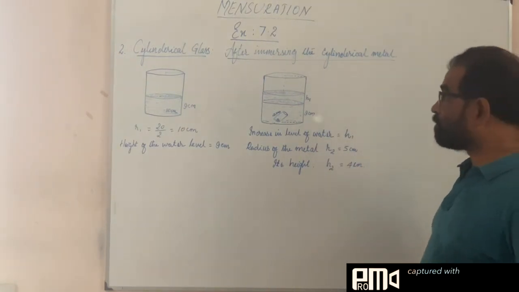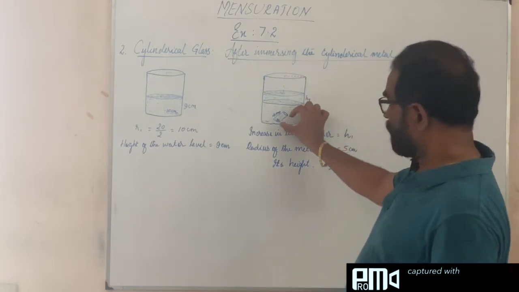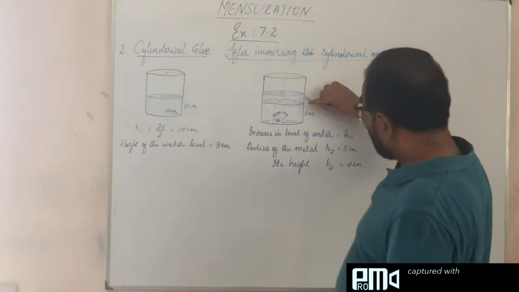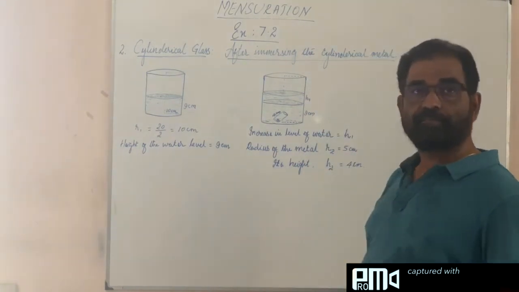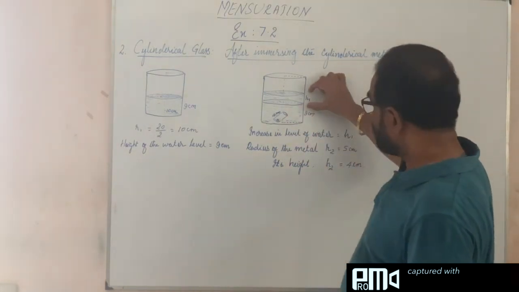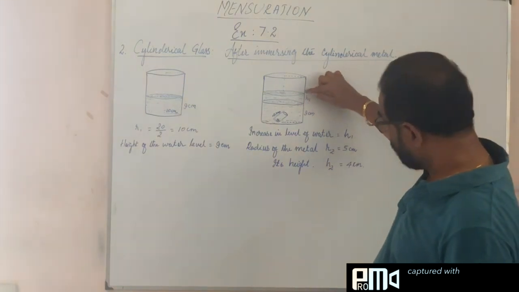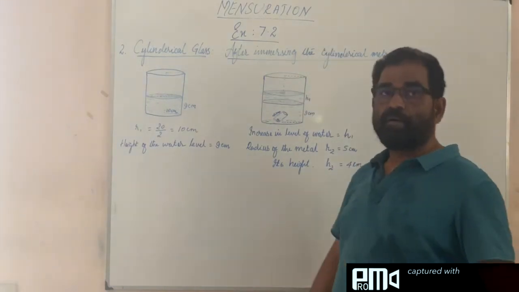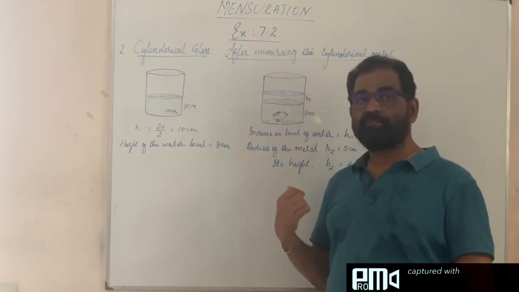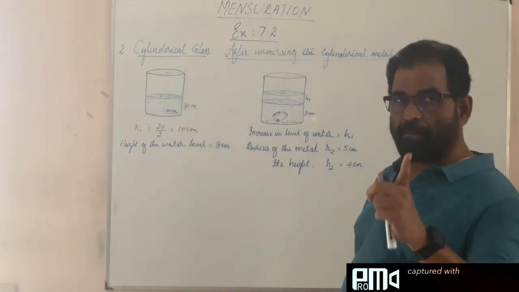Now, we can say that the volume of the metal immersed is the same as the volume of the water level increase. It also increases in the shape of a cylindrical form. For irregular objects, we used to use this method. You know this method? This is Archimedes principle.